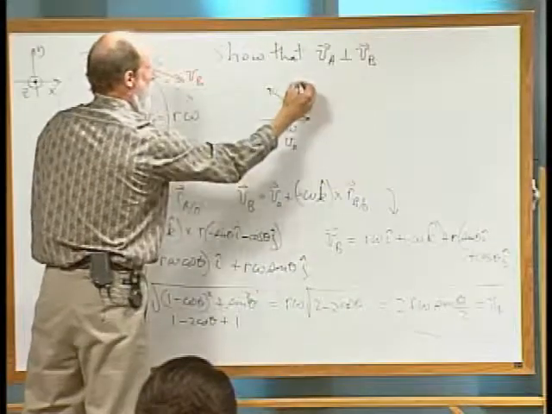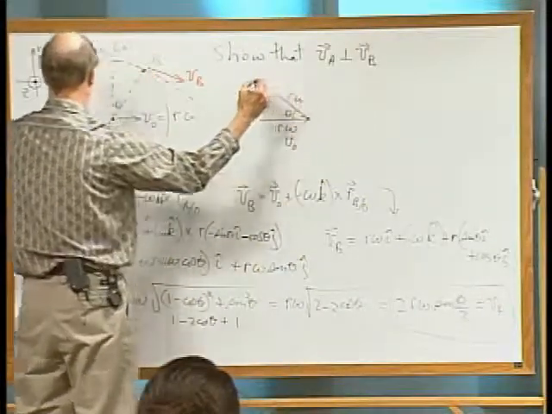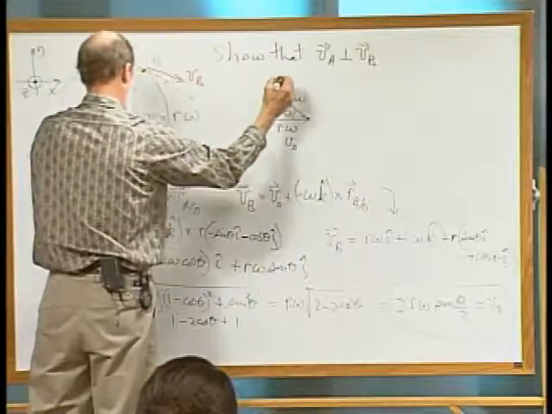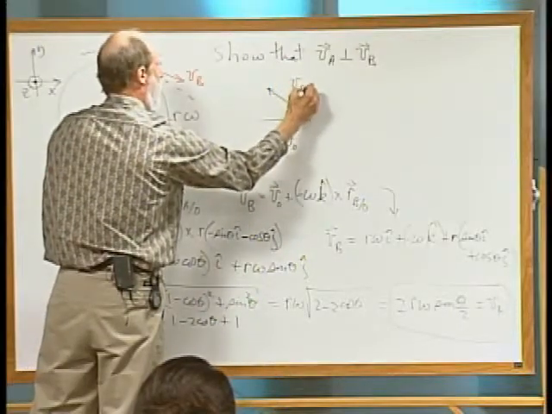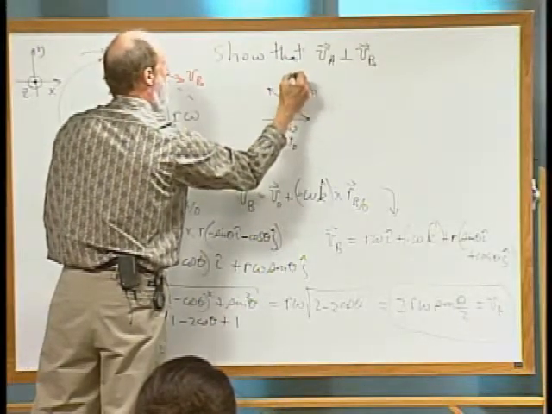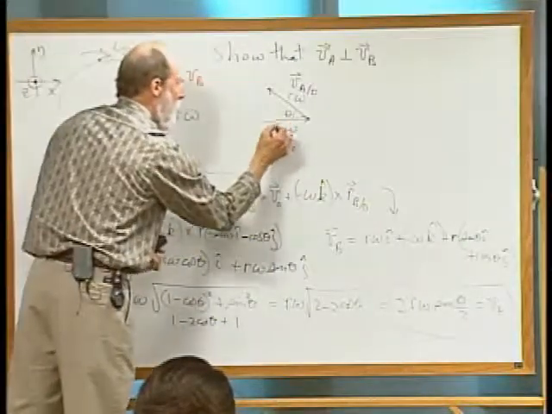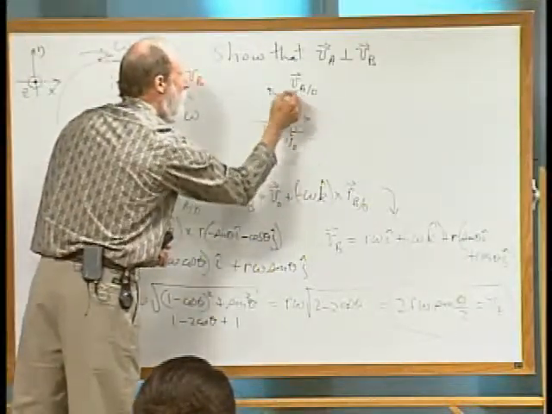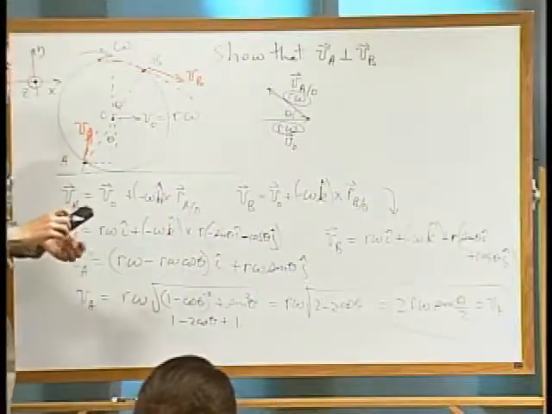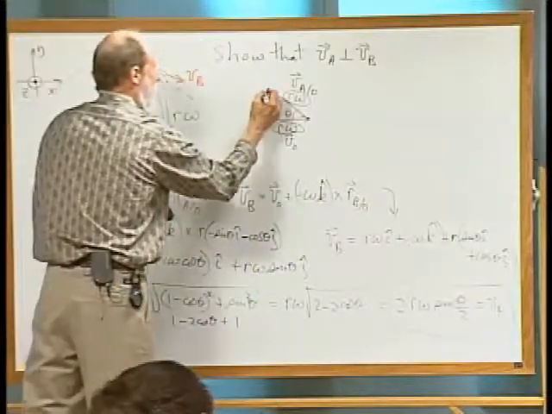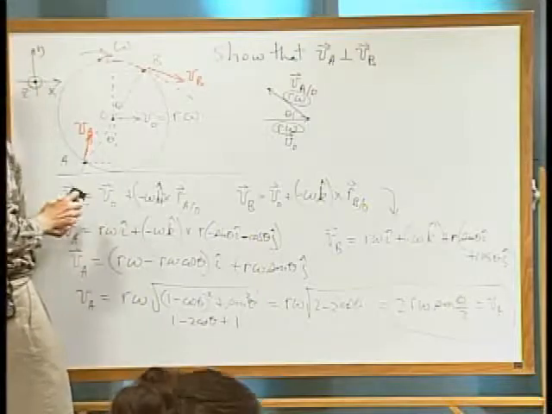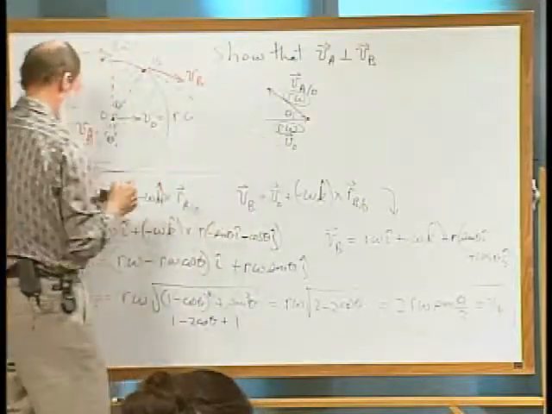R omega, and that's going to be the relative velocity. In other words, the velocity of A relative to O. They're equal in magnitude, making that triangle isosceles.